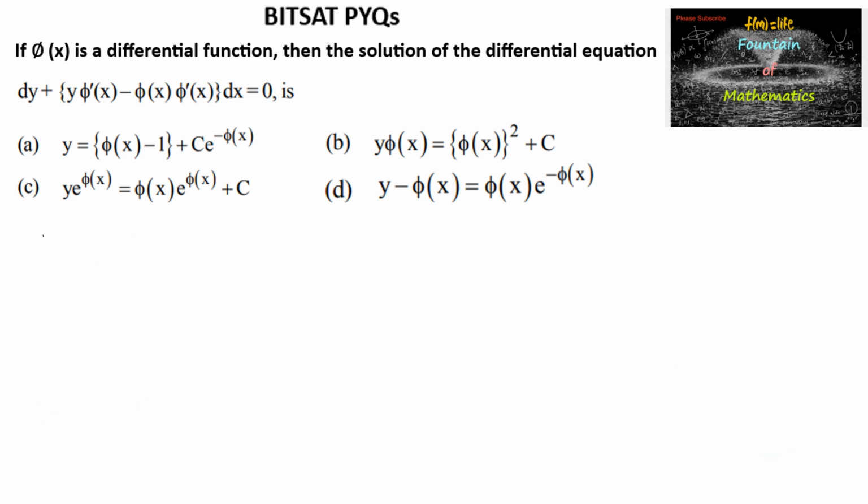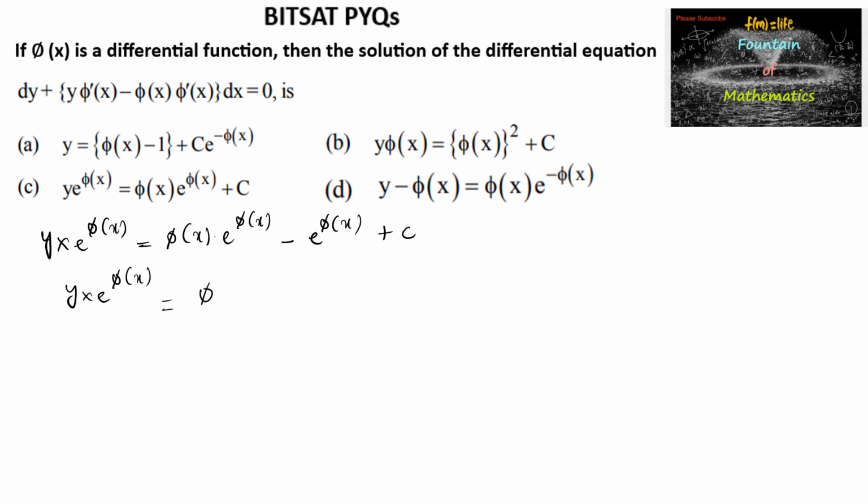That is, y into e to the power of pi of x is equal to pi of x into e to the power pi of x minus e to the power of pi of x plus constant, or y into e to the power pi of x is equal to e power pi of x taken common, and hence we can write pi of x minus 1 plus c into e to the power minus pi of x.